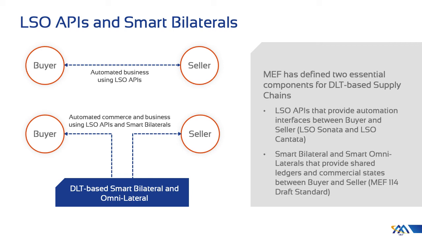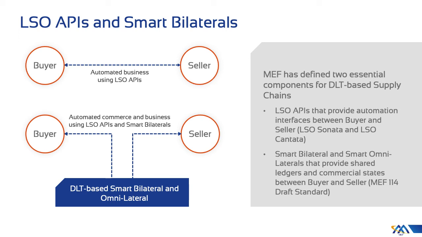Since then, we've been building up the program, the framework, and our first named release was in December of 2020, Aretha. We've just published our most recent release, Billy, in May of 2021, and the next one will be Selene. Selene, Billy and Aretha essentially contain all that is required by buying and selling entities to standardize between them these pre-order, order, and post-order elements of the business life cycle to essentially automate the whole life cycle.